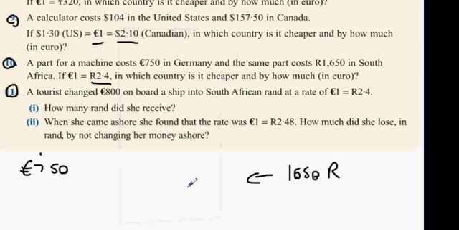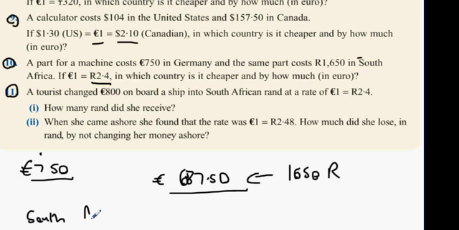687.5. Now this 687.5, is that cheaper or more expensive than the German? Cheaper. In which country is it cheaper? It's cheaper in South Africa.